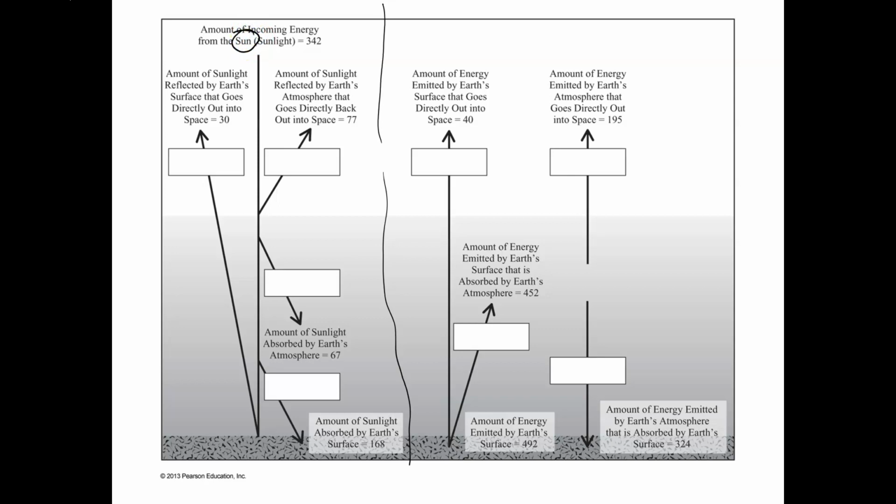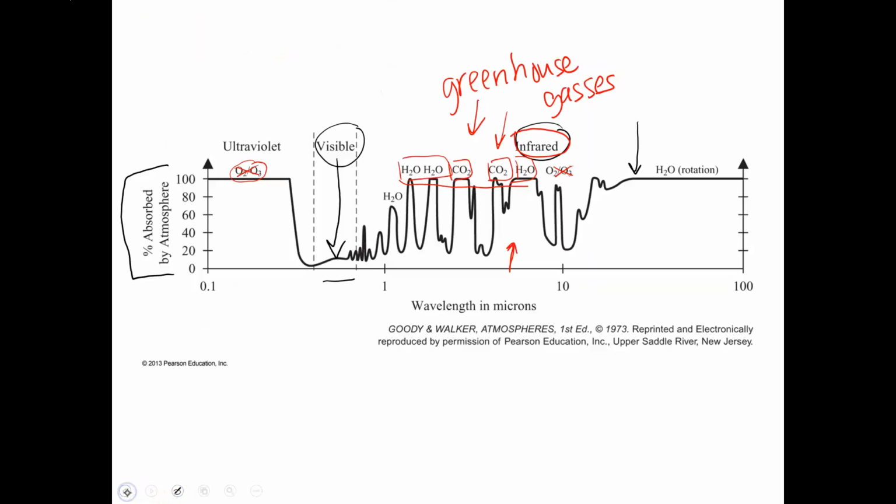We know from the very beginning of this lecture tutorial that the sun emits ultraviolet, it emits visible light, and it emits infrared light. We said ultraviolet wasn't that important, but it is part of what is emitted. So we have all these things coming in. Where do they go? To answer this question, I'm going to go all the way back here and say what gets through and what doesn't.